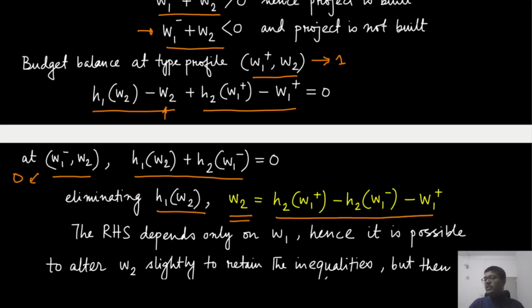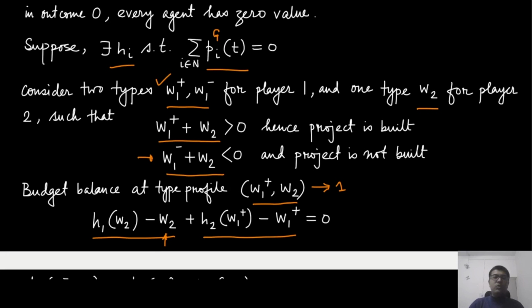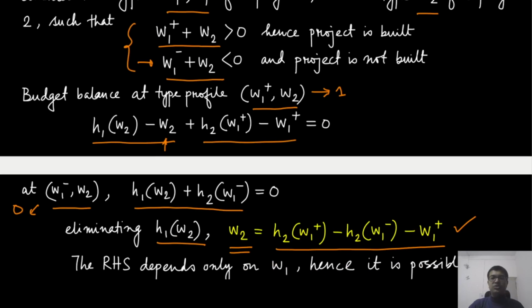Now on the right hand side you have all the terms that are functions of w1. Now you have to satisfy this equality, because this is a budget balance condition. This equality has to be satisfied for all such w1 plus, w1 minus and for w2 such that these two inequalities hold. Now this is impossible to satisfy if you just carefully look at it.